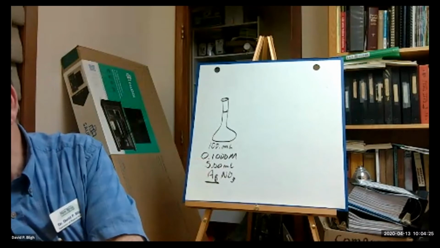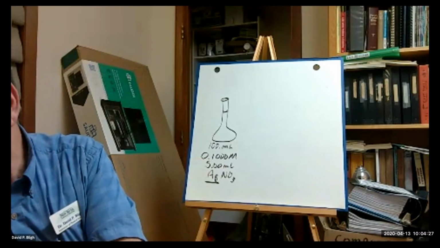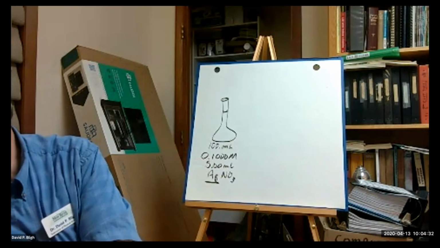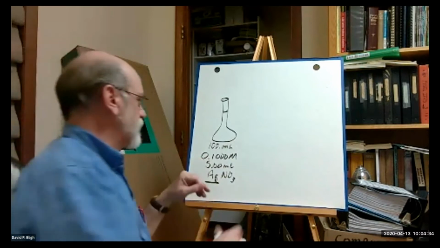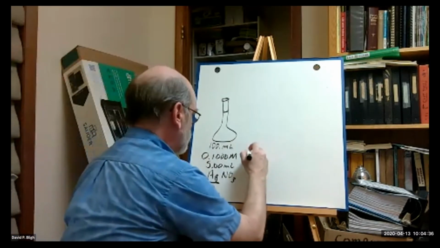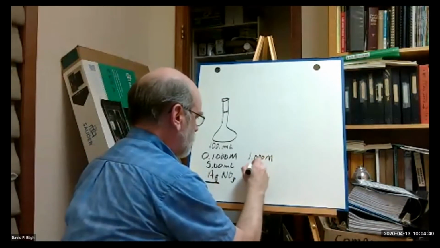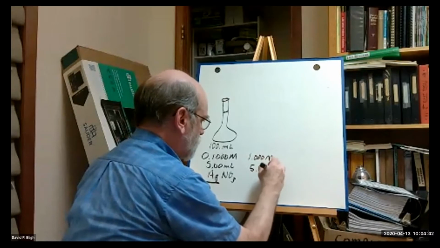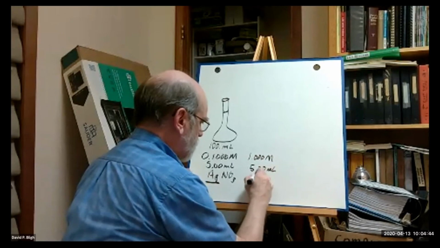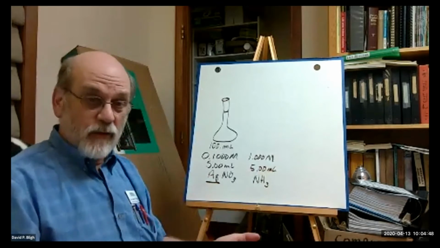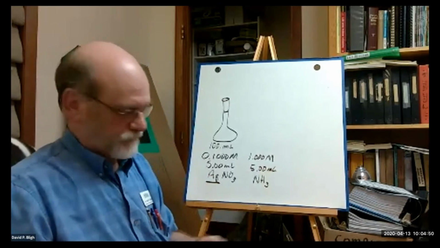And then we're going to add, actually in that same flask, we're going to put 5 mils of 1 molar ammonia. Right. The bottle will say ammonium hydroxide.